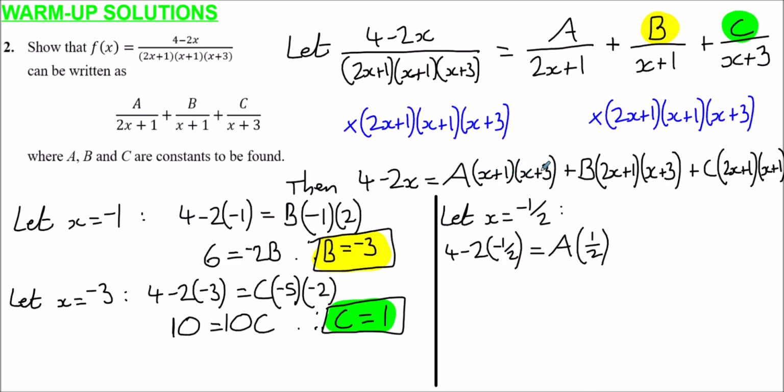Minus a half plus 3 is positive 5 halves, which is 5 over 2. So if I neaten this up now, minus 2 times minus a half is plus 1, so that gives me 1 plus 4, which is 5. A half of 5 halves is 5 quarters, so I get 5a over 4.